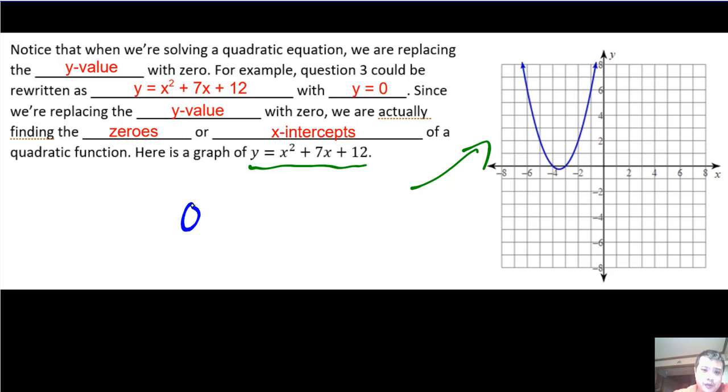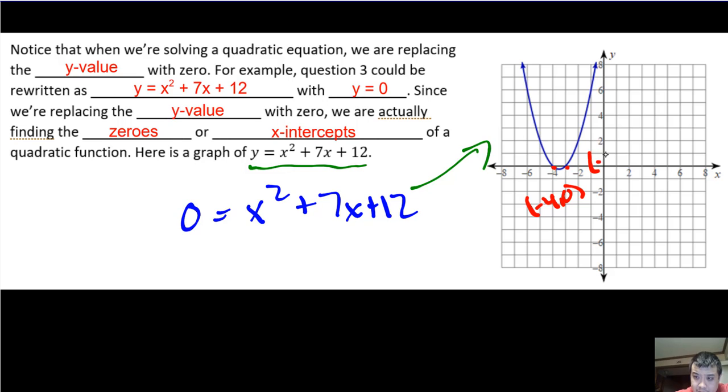And so 0 = x² + 7x + 12, which is the problem that we had in question number 3. And notice that the x-intercepts are right here at (-4, 0) and (-3, 0). So what we're actually doing here is finding the x-intercepts by setting y equal to 0.